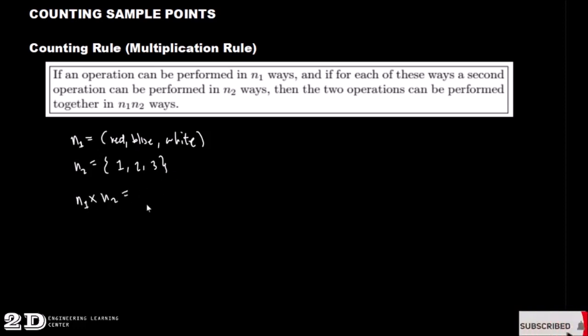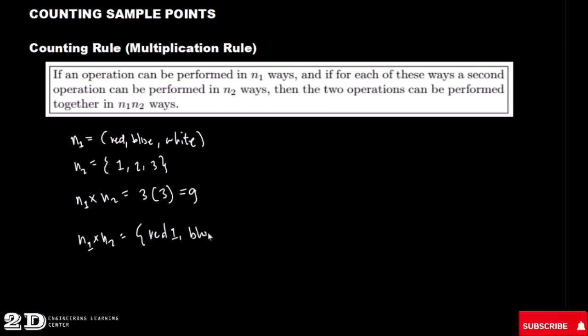So basically, this is 3 and this is also 3, so that is 3 times 3, which is 9. If we write down the sample space of the combination, we have red 1, blue 1, and white 1.